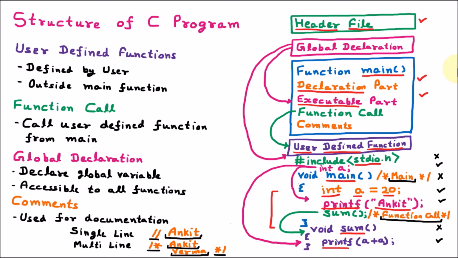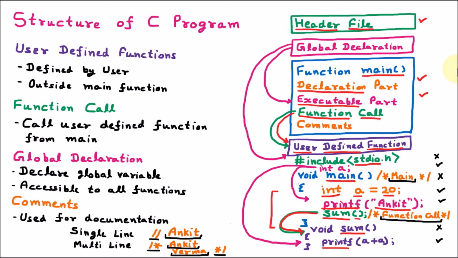Afterward, we have the function call. Now these functions should be called. So to call these functions, we have the function call which is going to call the function. Here we can see that sum, which is the name of the function with the brackets, is the function call which is going to call the user defined function.